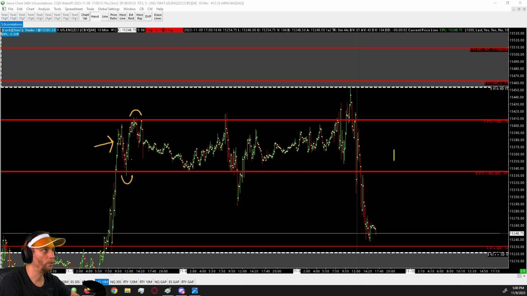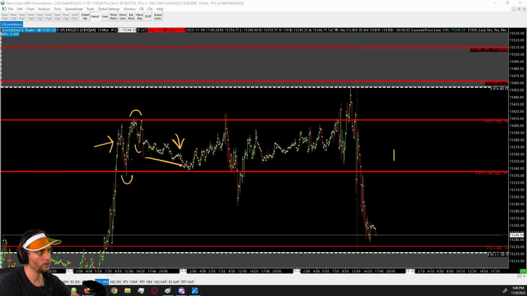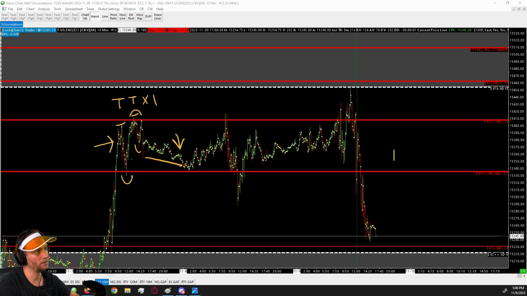And at this point, I know this area right here, especially when it pulls in and drifts down, at this specific point in time, I know this is a range. So this will be TTX 1. Here's our first pivot high, second. So that is the first time it's measuring.